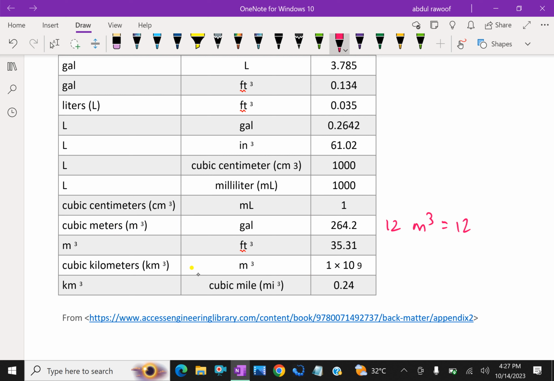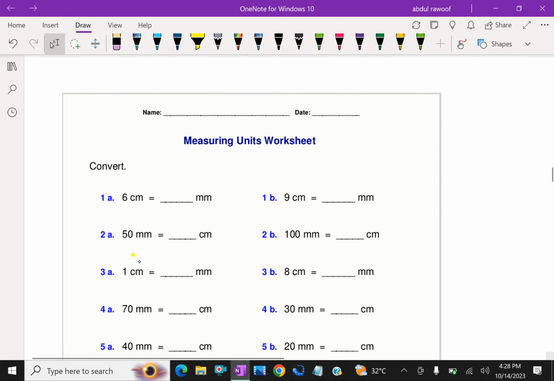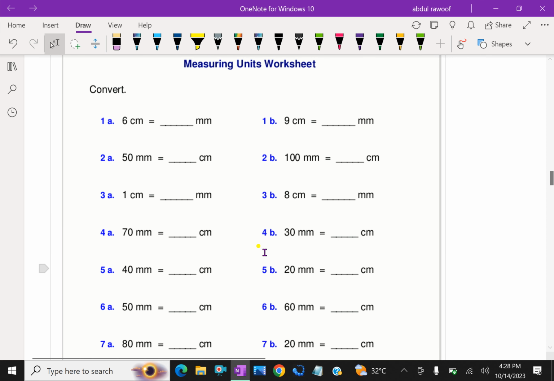That is 12 multiplied by 264.2, which equals 3170.4 gallons.